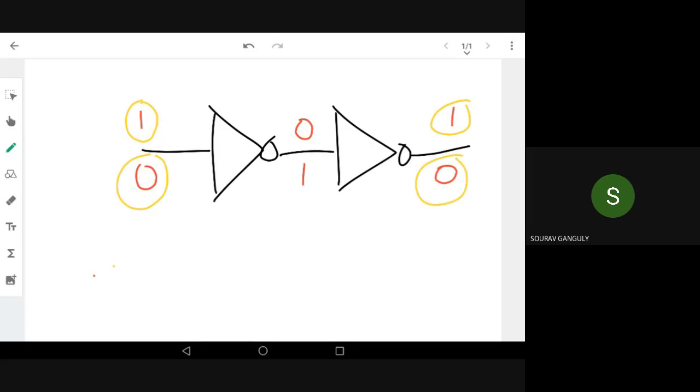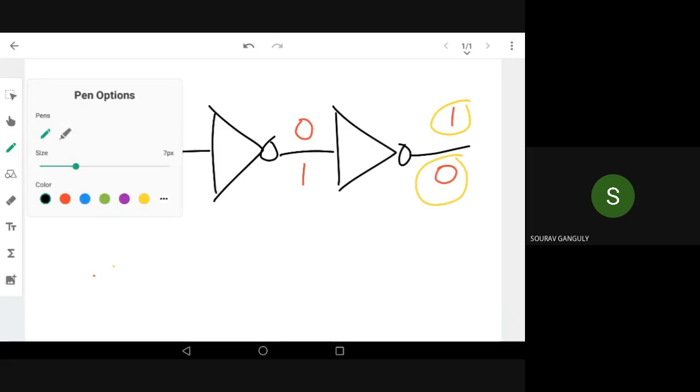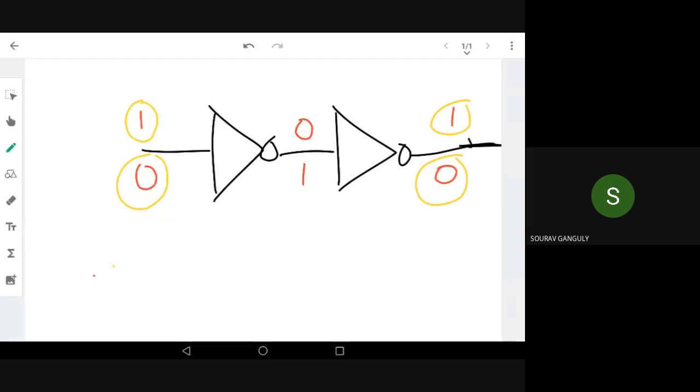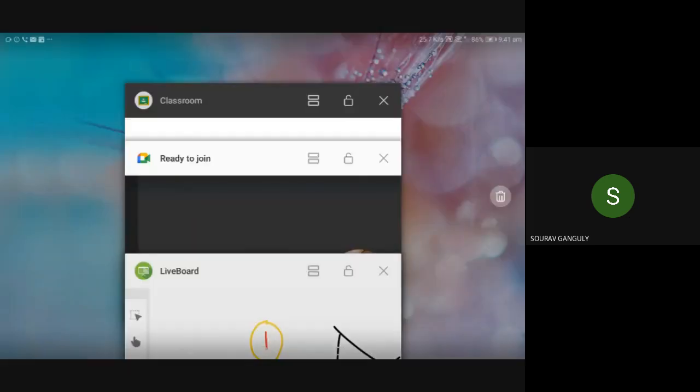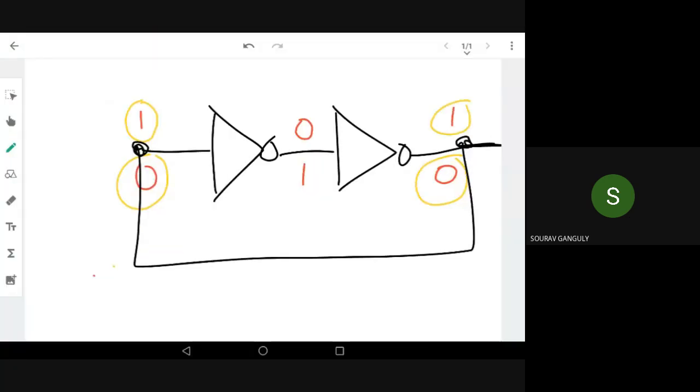Now I can think of a feedback. In this case, I can have feedback. This is the output, but I take one part of the connection from the output and give it to the input. So this is a kind of feedback. Originally some input was there. Now even if I take it off, even if I don't give the original input, my feedback will be maintaining or strengthening the input of my NOT gate number 1.